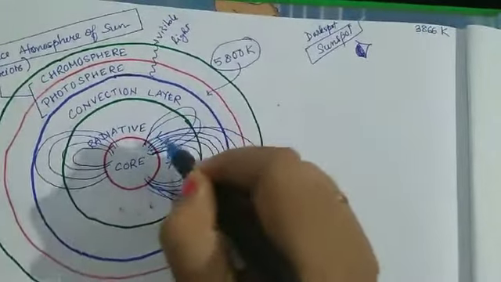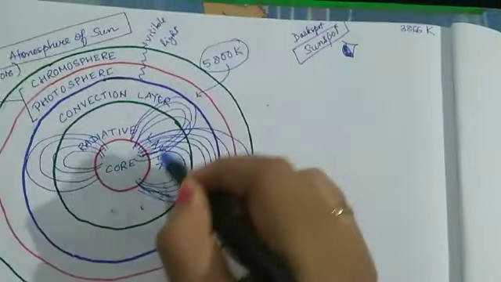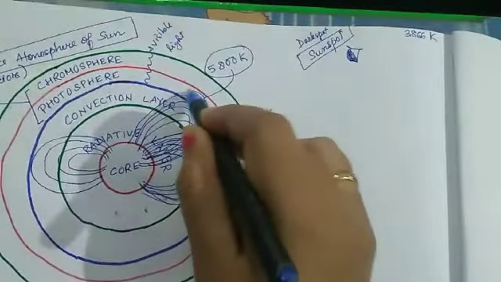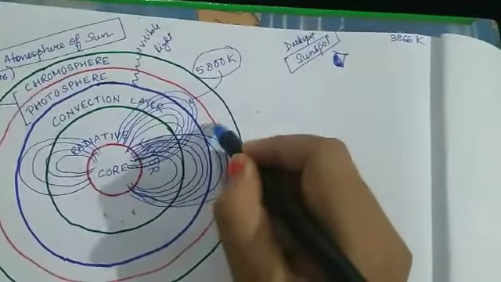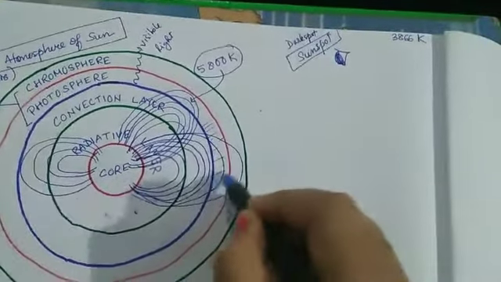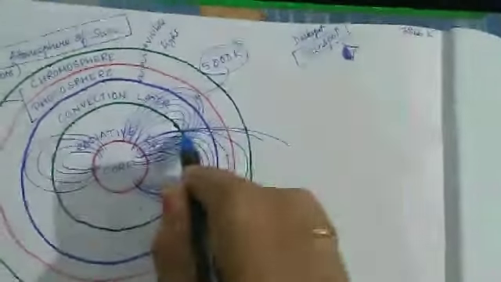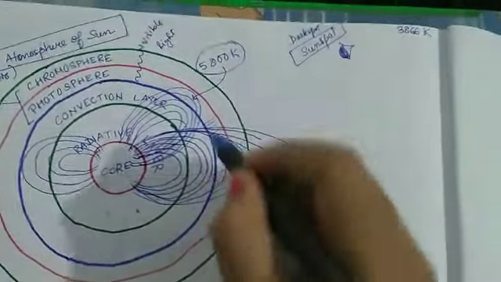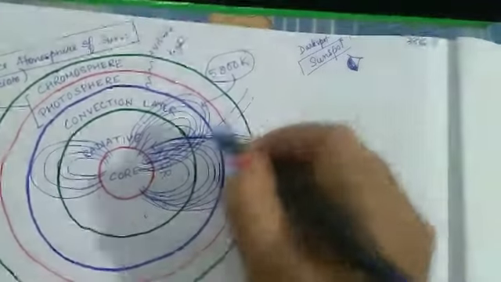You can't control it, because there are so many charged particles moving inside, and there may be so many magnetic field lines associated with them. See, this is the photosphere, I'm talking about this region. Suppose in this region the magnetic field lines are coming up and out like this.